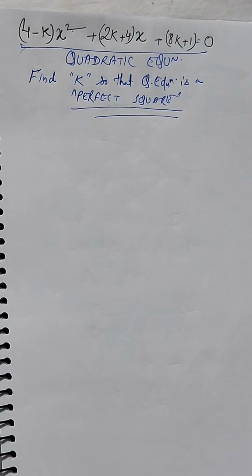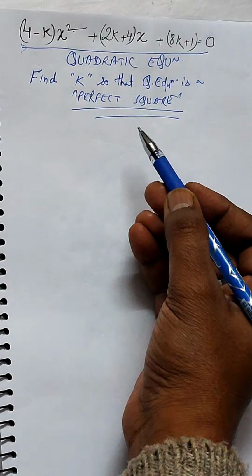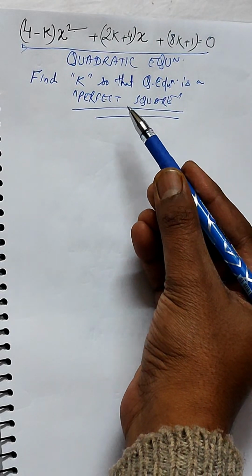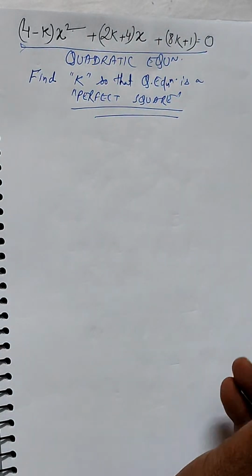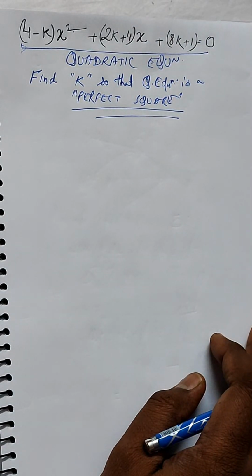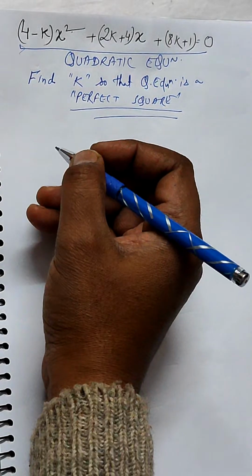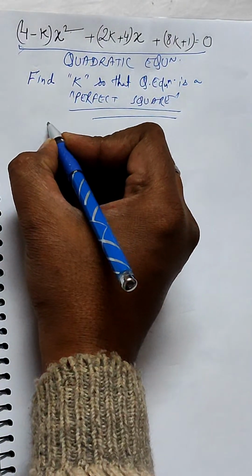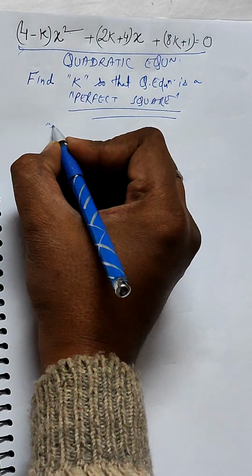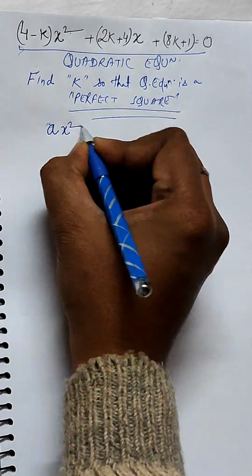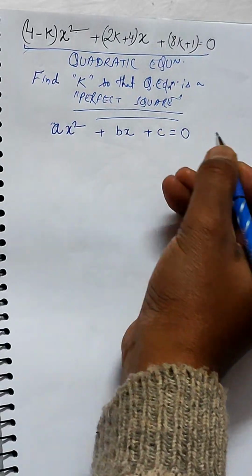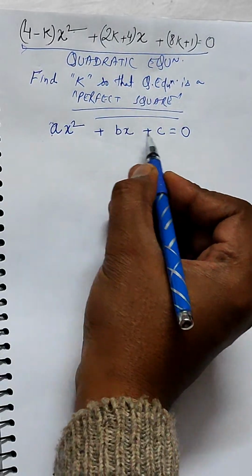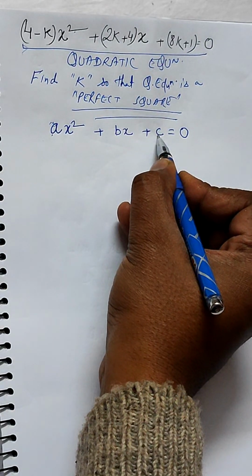For a perfect square, the condition is that the discriminant of the given quadratic equation should be 0. So what is the discriminant? The standard form of a quadratic equation is ax square plus bx plus c equal to 0, where a, b, c are numbers.